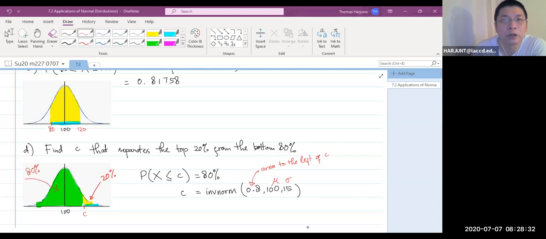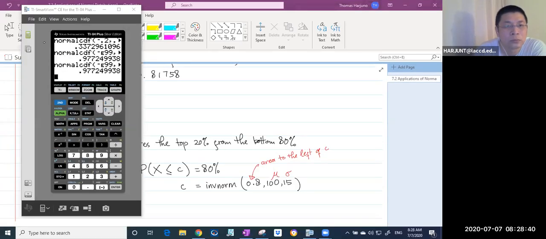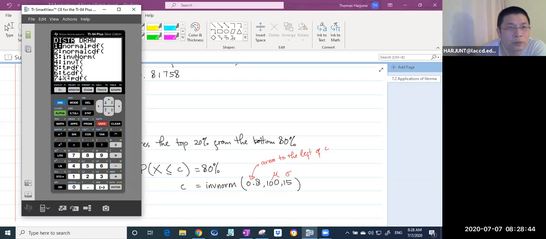Okay, let me share that with you. So, second distribution, you see inverse norm is right below normal CDF. The area to the left is 80%. You can use 0.8 or 80%, but I will just use 0.8. The mean is 100.